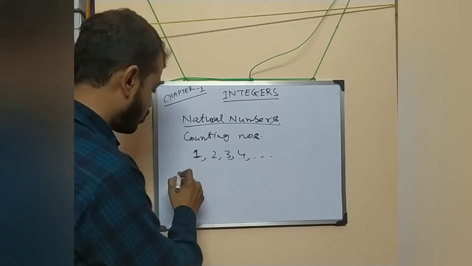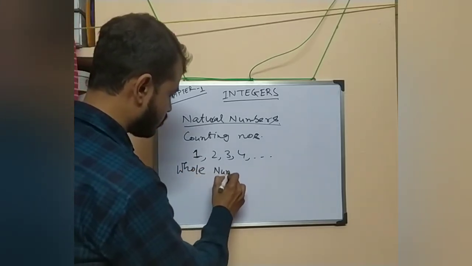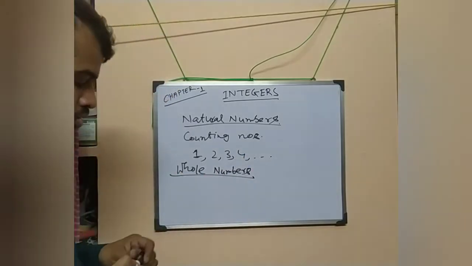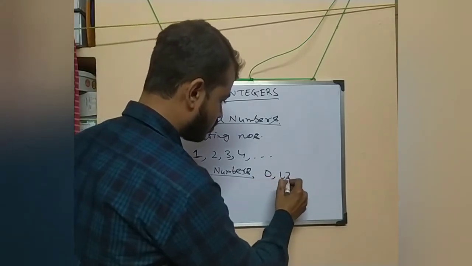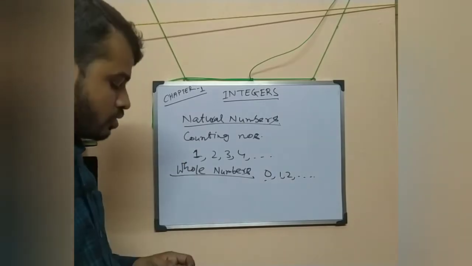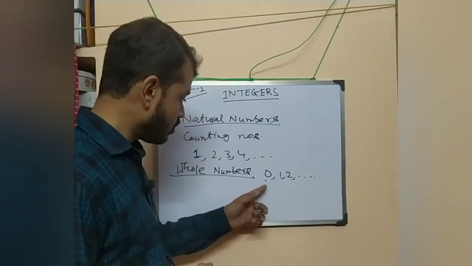Now whole numbers. Which are whole numbers? To the counting numbers 1, 2, 3, if we add 0, then these numbers are called whole numbers.